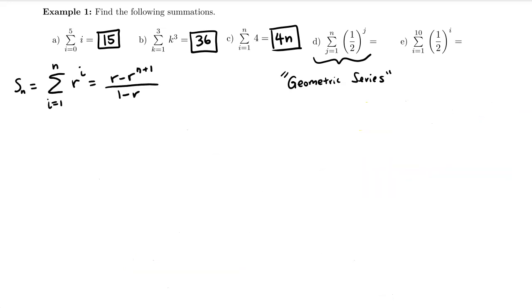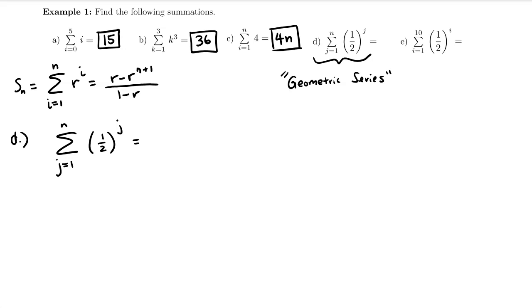Okay, so we derived the formula for a geometric series if our lower index starts at 1 and our upper index ends at n. So now, how can we use this to help us answer part D? Well, part D, we have the summation from j equals 1 to n of 1/2 to the j power.